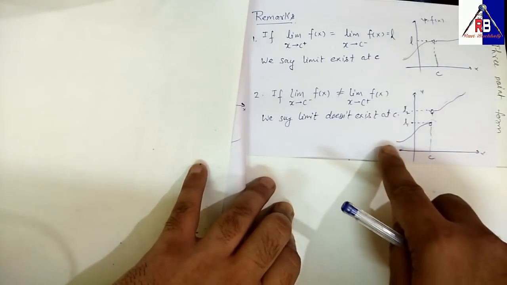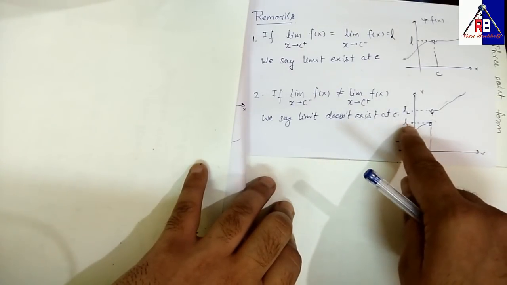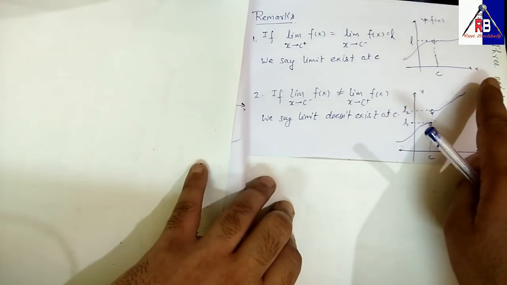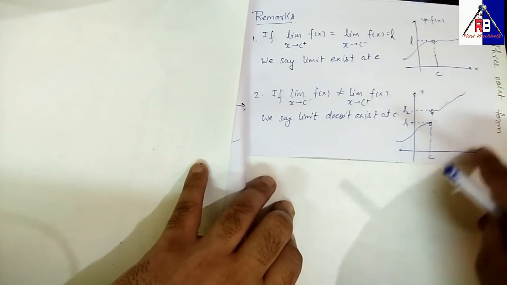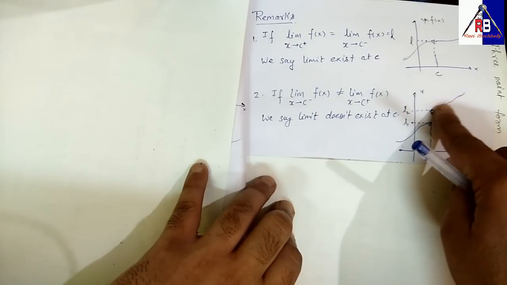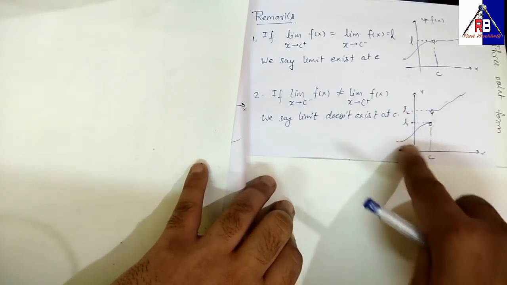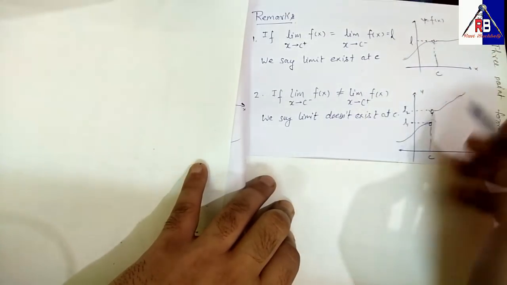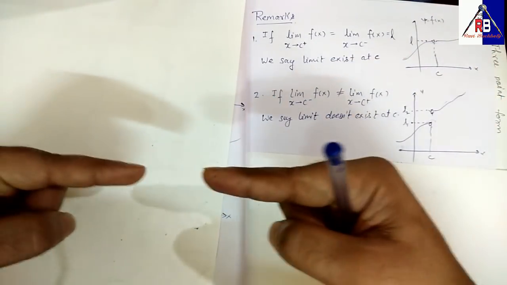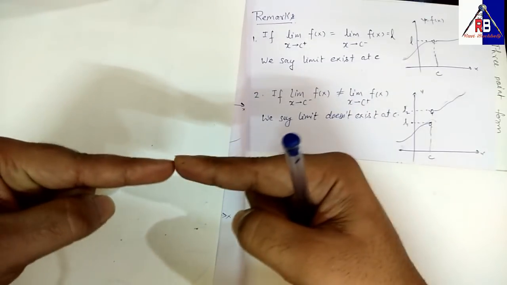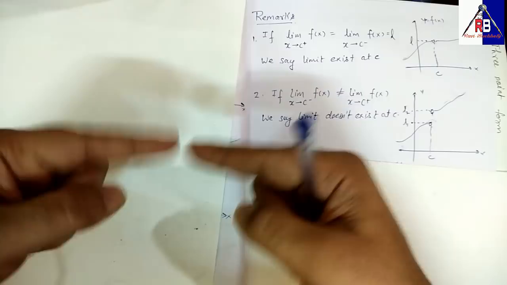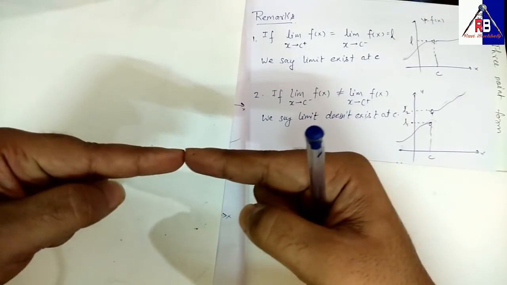As you can see from the left, the limit is L1, that is the function is approaching L1 near c, and from right hand side, when x approaches from right, the function tends to limit L2. Both are not equal. Yes, in the earlier case both were equal, but in this case both are not equal. Equal means the left hand function and right hand function are going to meet together at c. They might not meet, but it seems that they are going to meet.